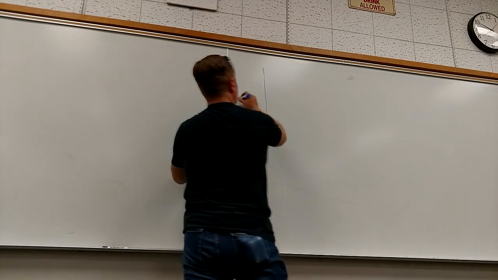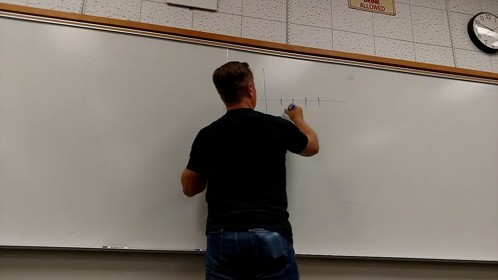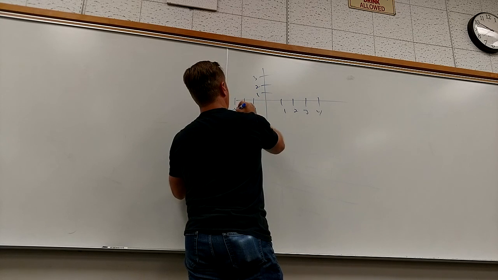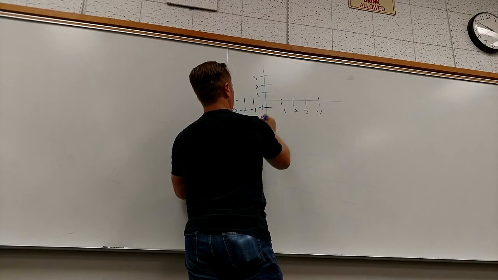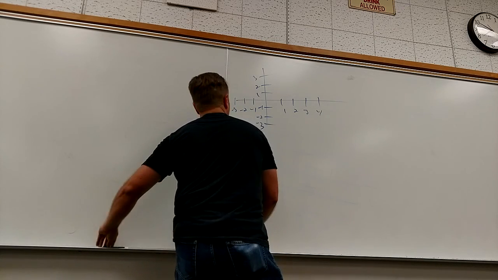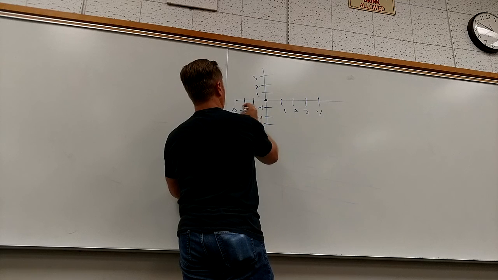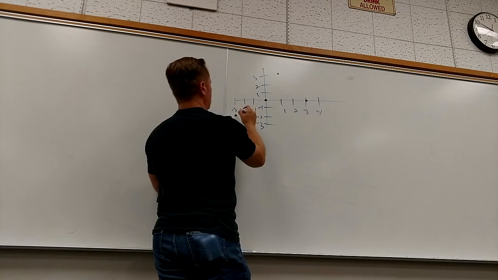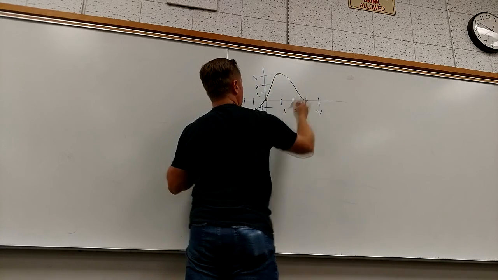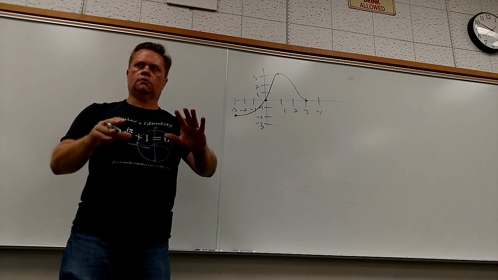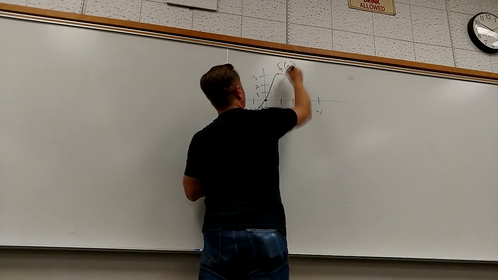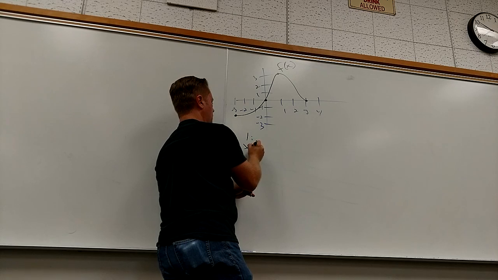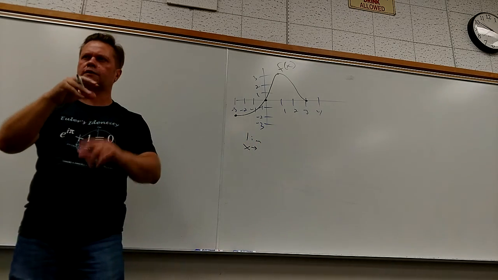So let me draw you a picture. Okay, so for this function, f of x, I like to start off like this just to show you, because we're going to do some freaky things in a minute, but I want you to see that limits don't really care if there's freaky things happening.